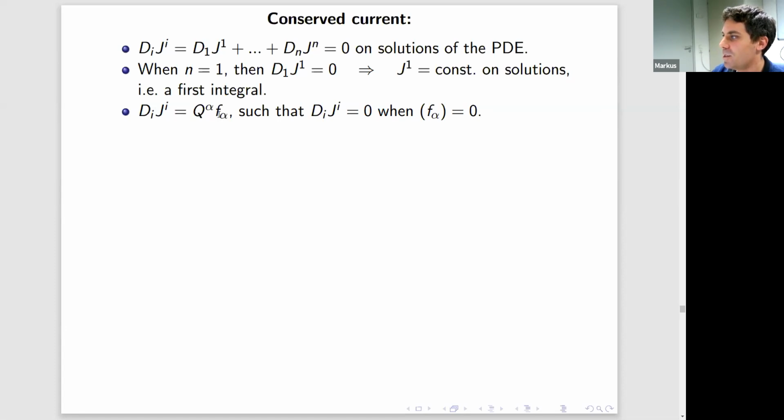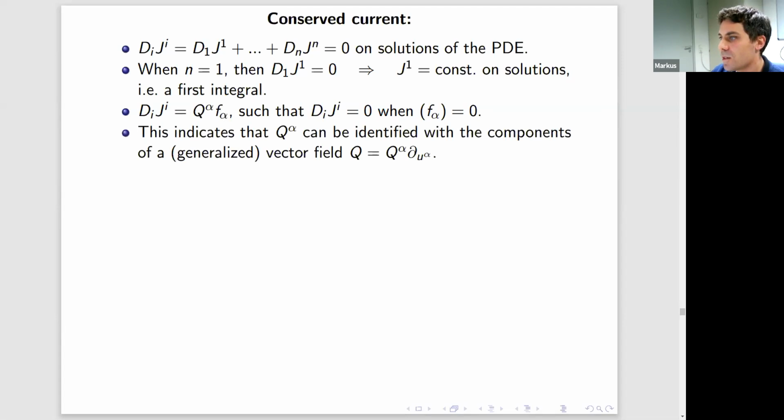Maybe you need some weak conditions for this. I will not go into detail here, but we just say that this is the case, right? That our divergence expression is q, some factor, and then Einstein summation with the f.